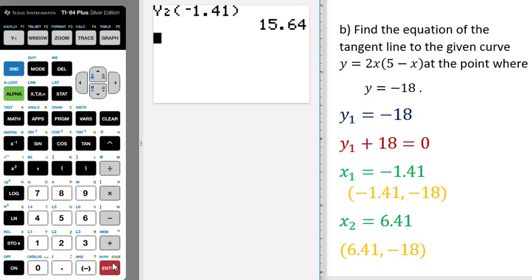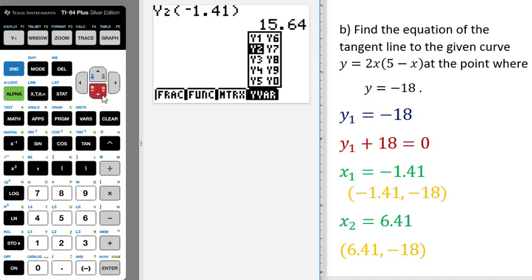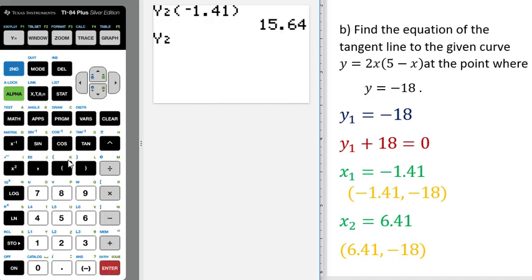Enter. Then I do alpha trace again. I need to plug in 6.41. Enter. You will get negative 15.6. Remember 3 significant digits.